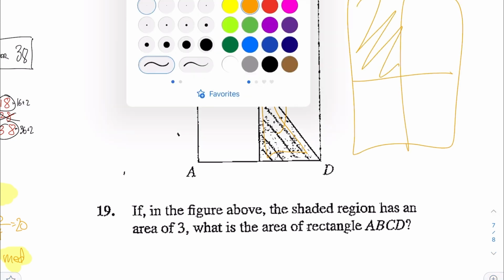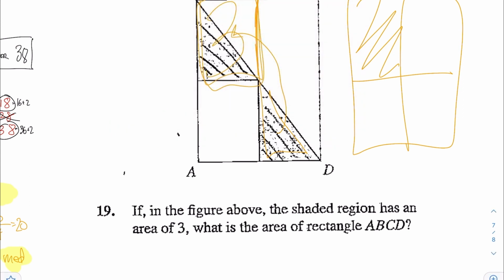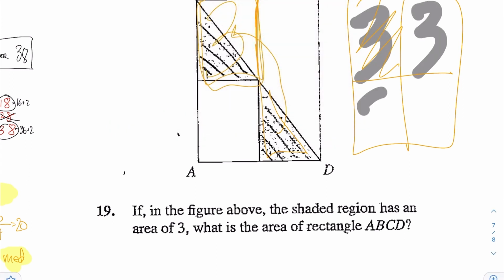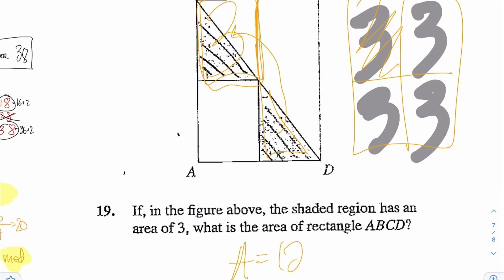So if each piece is equal to 3, then just 3 times 4, that's equal to 12. Again, you don't have figure not drawn to scale or anything, so I have to assume the figure is drawn to scale. And you can just set everything up. So you have 1/4 covered. So 1/4 is equal to 3, so 4/4 is equal to 12.